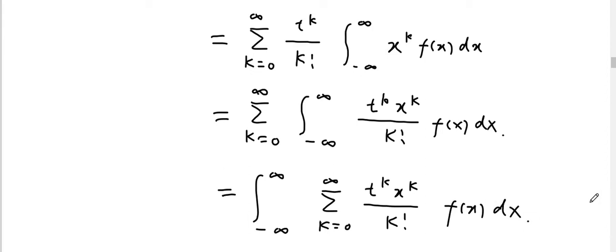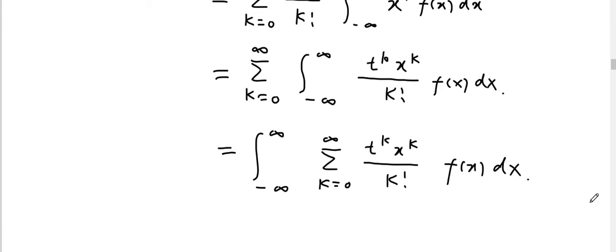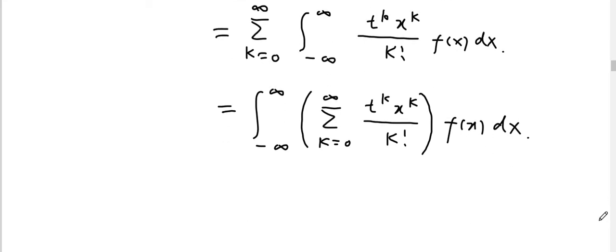So here for the summation, we just focus on the summation over k. For f(x), x is constant. So we can do this summation first, right? Then what is this summation? We know this is just e to the z.